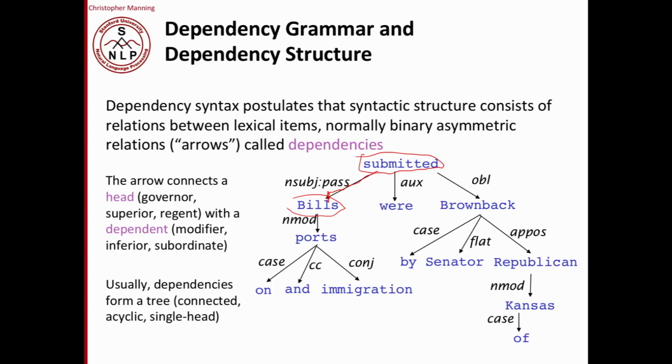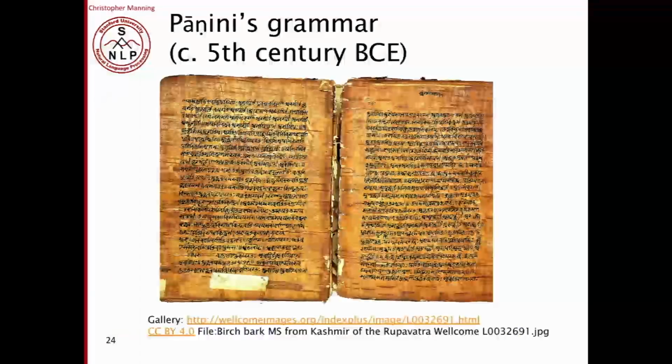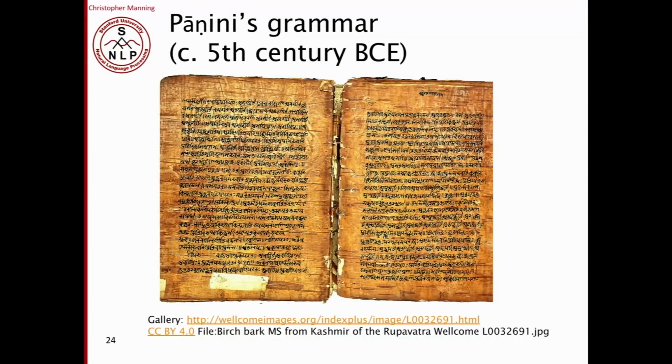Okay, so dependency grammar has an enormously long history. Basically, the famous first linguist that human beings know about is Panini, who wrote in the 5th century before the Common Era and tried to describe the structure of Sanskrit. A lot of what Panini did was working out things about all of the morphology of Sanskrit that I'm not going to touch at the moment.